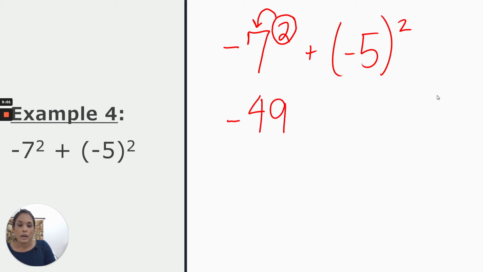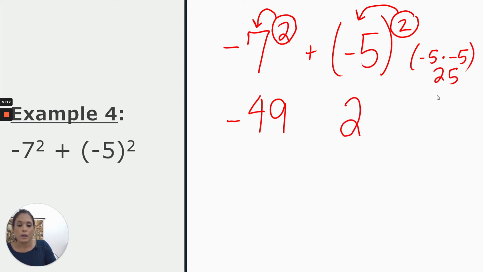And then -5 squared, and this 2 applies to everything on the inside of the parentheses. So -5 times -5 is a positive 25. So I'm going to write positive 25 and then bring down my addition sign. So now I have -49 plus 25.